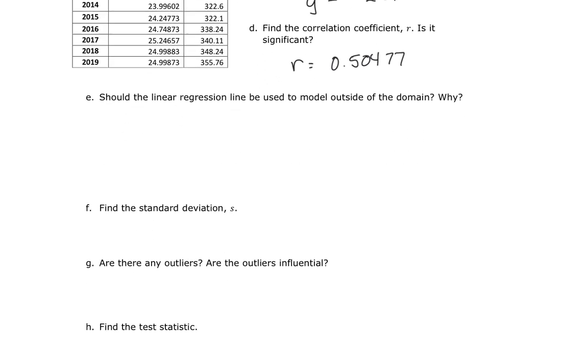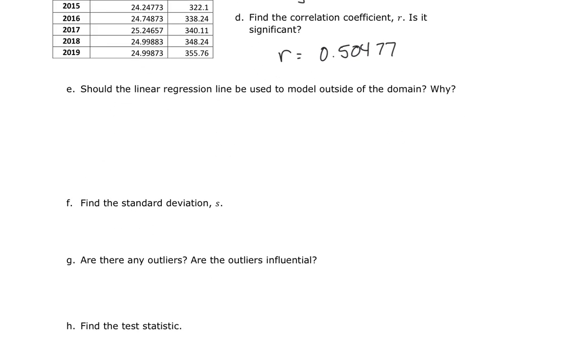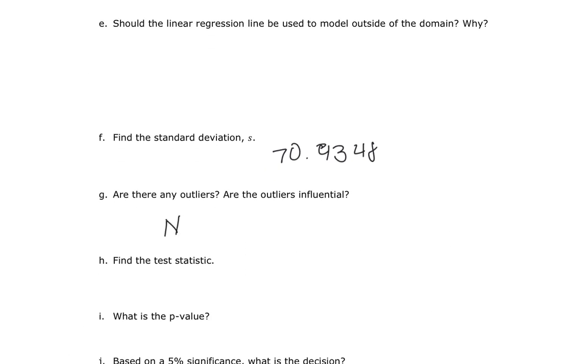I'm going to find my standard deviation, and of course I'm going to use my LINEST, which is lovely. So my standard deviation I found was 70.4348. Were there any outliers? And the answer was no.